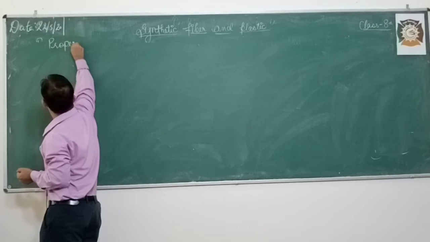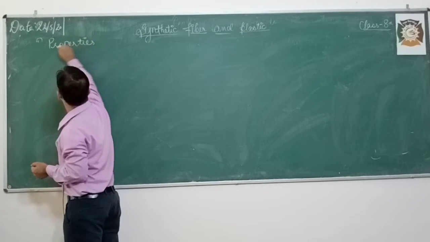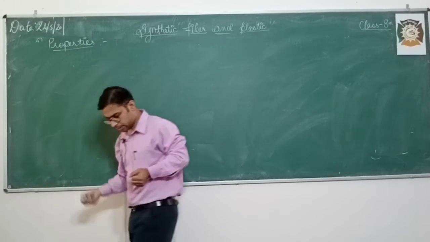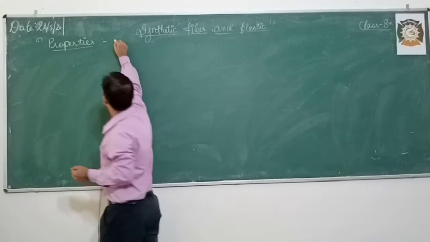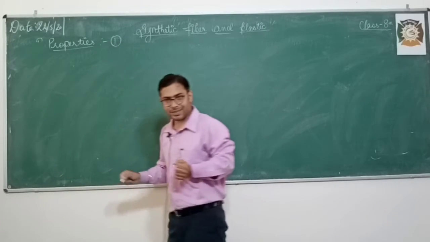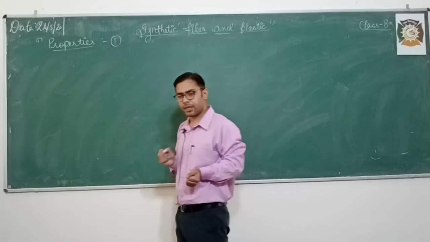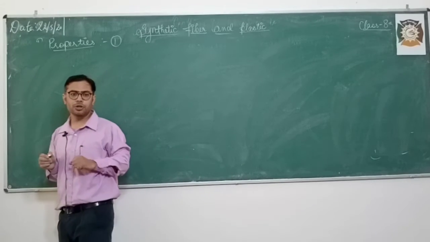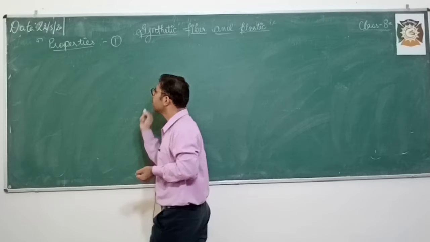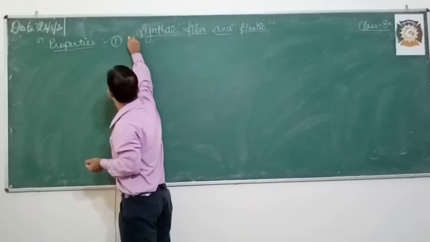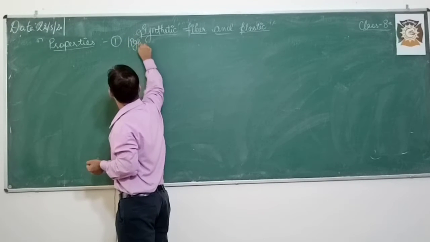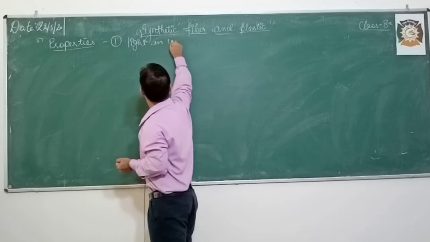Now first topic after that is properties of plastic. Okay, so first I will write down the properties and I will explain you. On the behalf of that I will try to explain you the use of plastic also later on after this. Okay, so first property is it is light in weight.